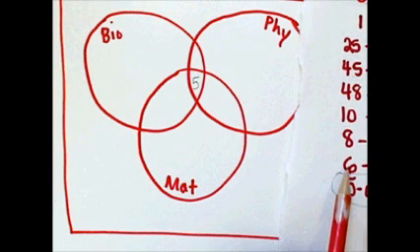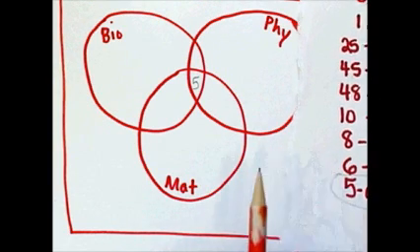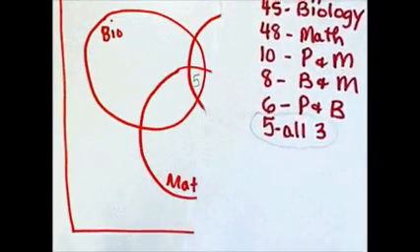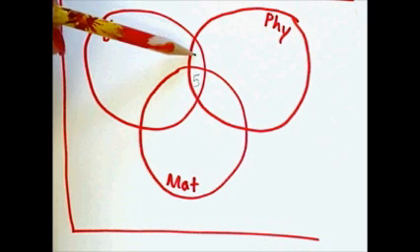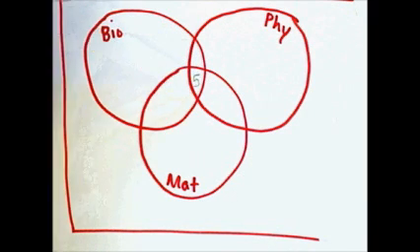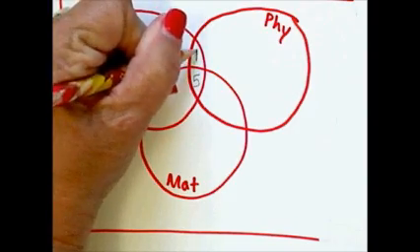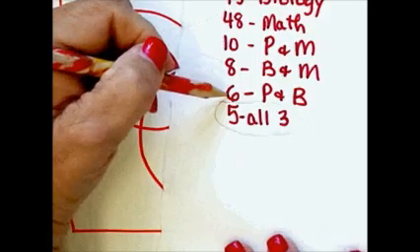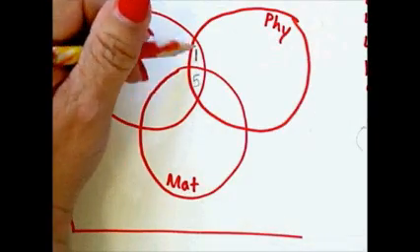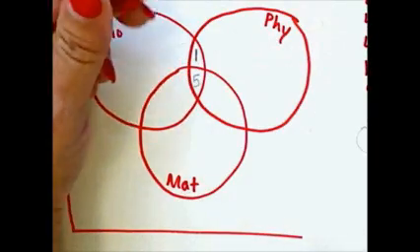So we have 6 students that are taking physics and biology. So physics and biology overlap would be right here. Now 6 students total, but we've already used 5 of them, so we only have 1 more, because 5 plus 1 is 6, and that's what shows physics and biology, even though those 5 are also taking math.